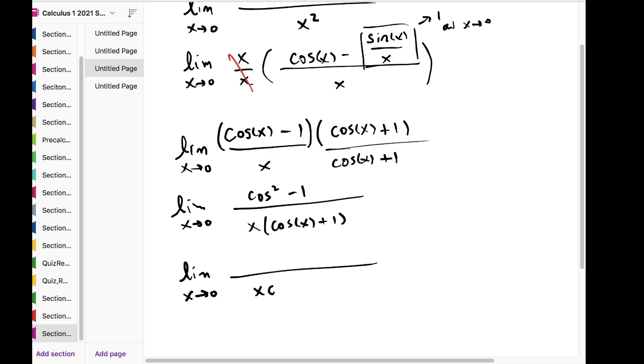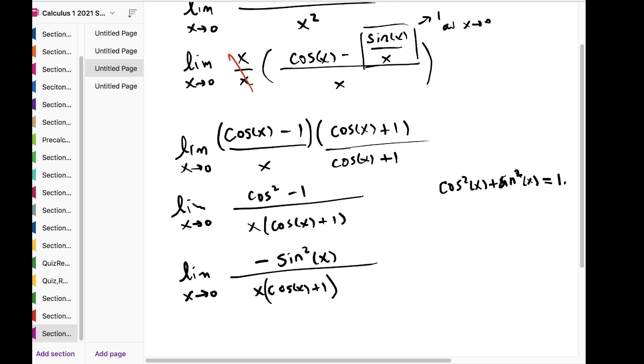Almost sine squared. It's not sine squared. Remember, cosine squared plus sine squared is equal to 1. So if you have cosine squared minus 1, it's actually negative sine squared.